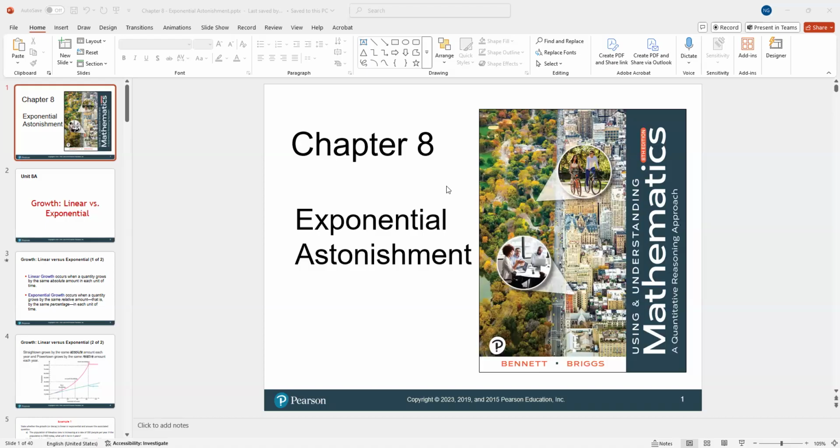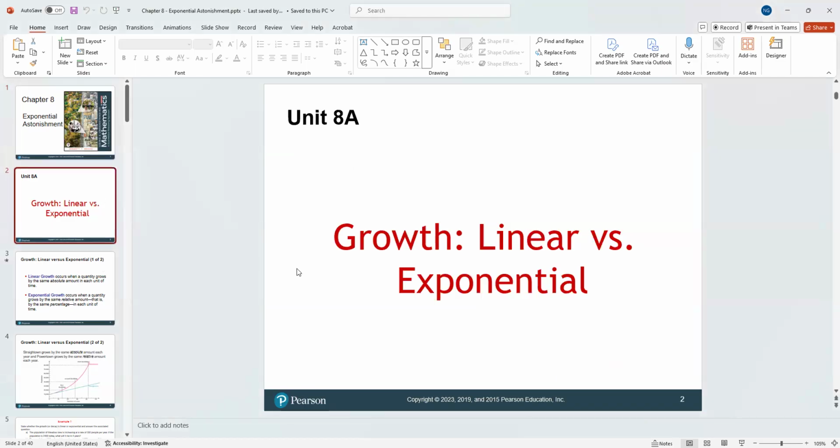We will investigate the mathematical laws of growth, especially exponential growth. We will focus on what we call exponential astonishment, which is the intuition-defying reality of exponential growth.